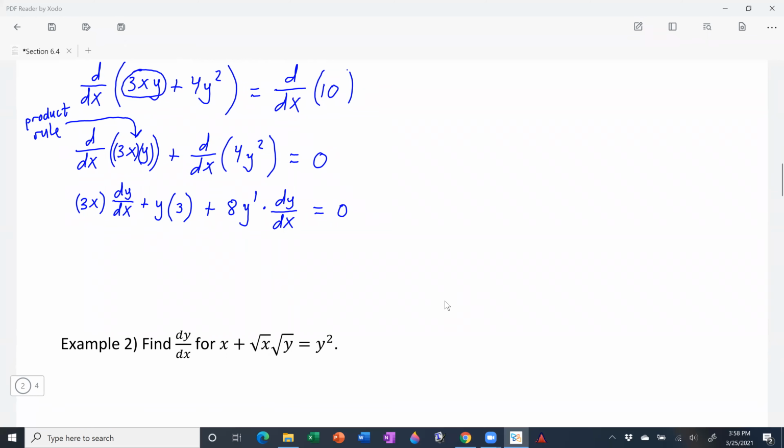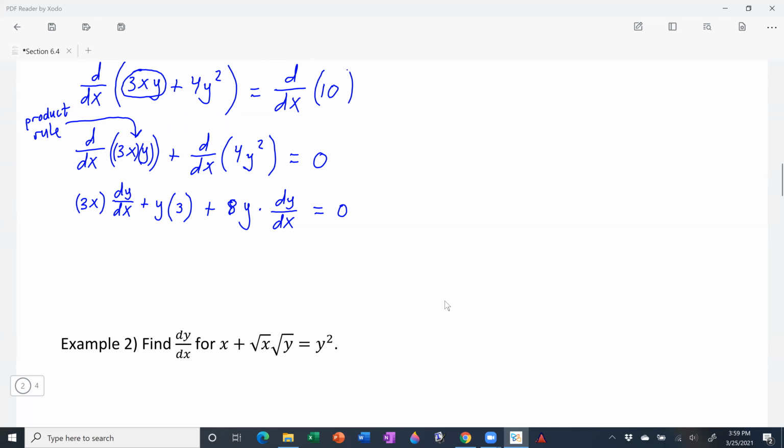Looking at this first part, the 3x dy/dx, I want to keep that on the left-hand side. This 8y, and that y to the first power, I want to erase that little first power because it kind of looks like y prime. This is just y to the first power right there. And then times dy/dx.